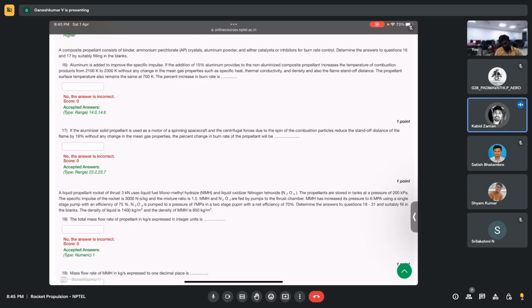Should we take 0.7 for each of the stages, and as a result, the overall efficiency is 0.7 into 0.7? No, it is given as net efficiency, right? Net efficiency means overall efficiency. They already did all those conversions and gave you the net efficiency. So it means that eta p1 into eta p2 is equal to 0.7.